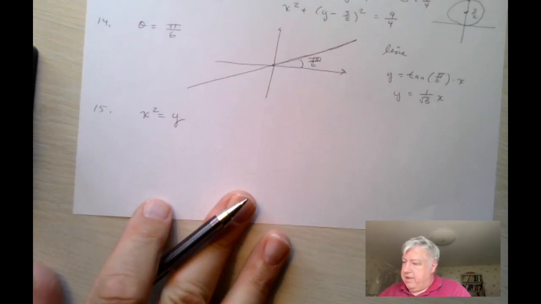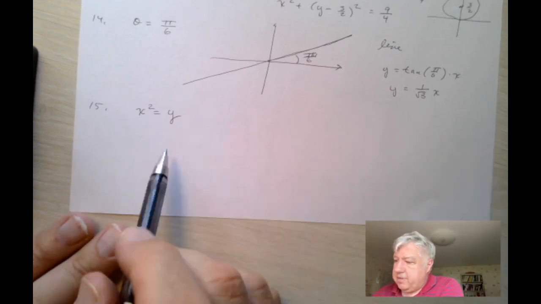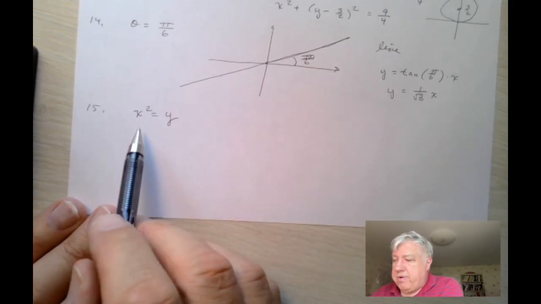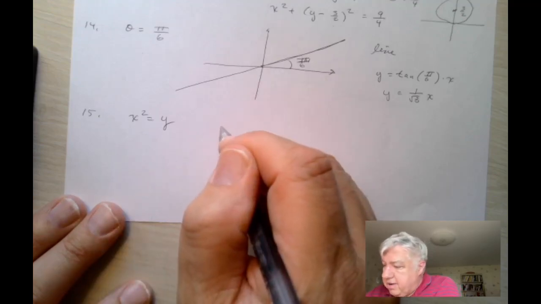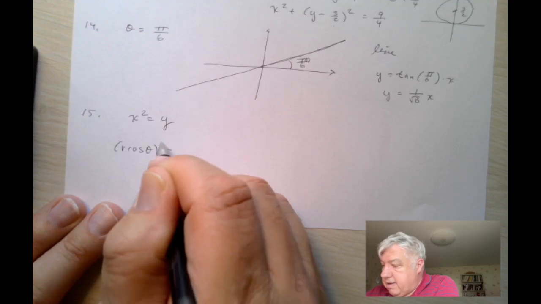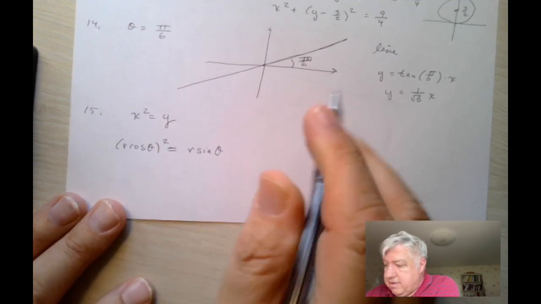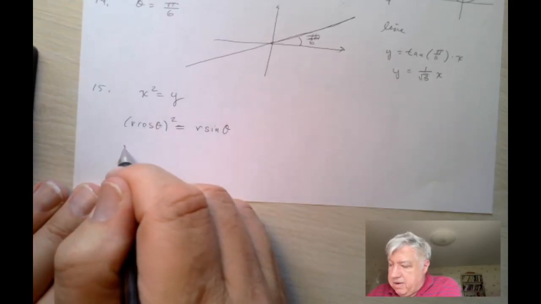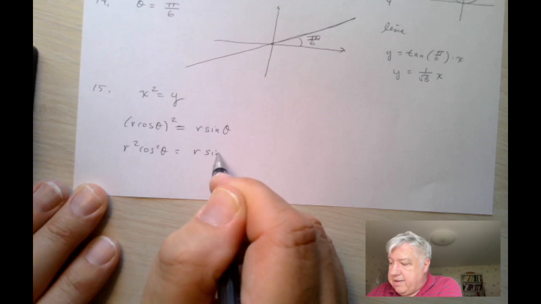Finally, x squared equals y, or y equals x squared. We know that's a parabola, but what would this be in terms of r and theta? All we have to do is replace x with r cosine theta and y with r sine theta, and then we're practically done. This would be r squared cosine squared theta equals r sine theta.